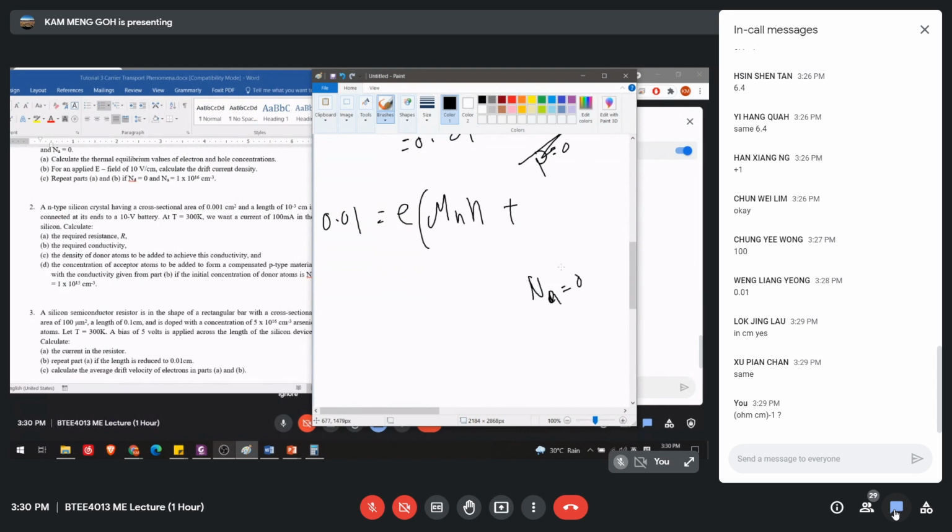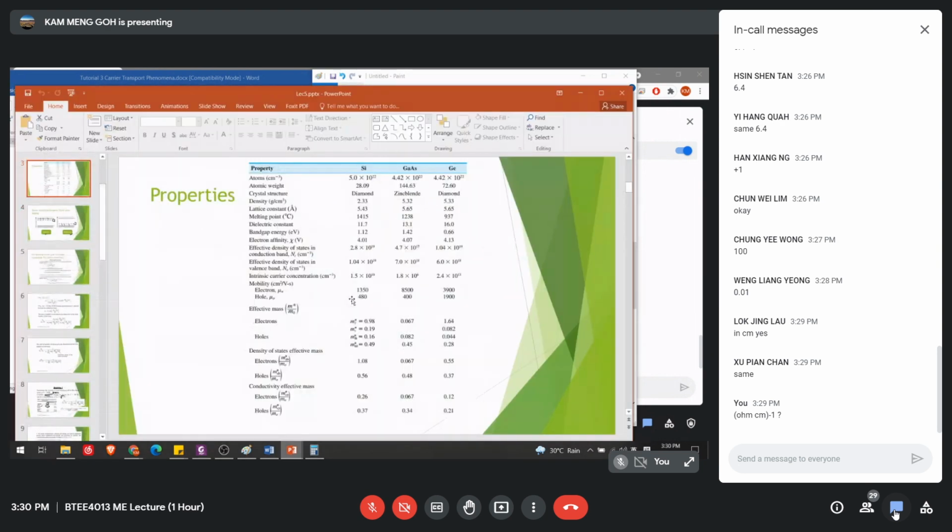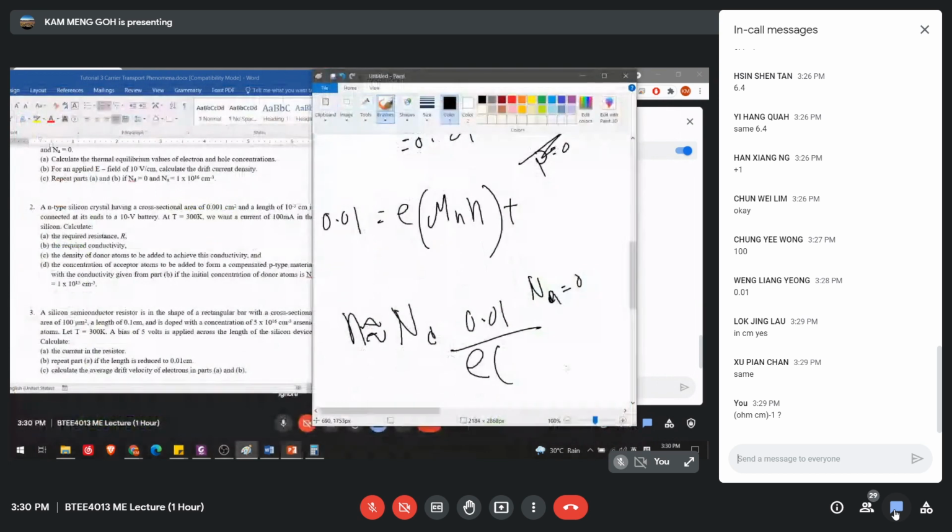We just directly use this first to calculate our N. Then N is more or less equal to ND by approximation. So you just need to use 0.01 divided by e, divided by mu N. For silicon, mu N is 1350, if I'm not mistaken. We make this assumption. So what's the answer?